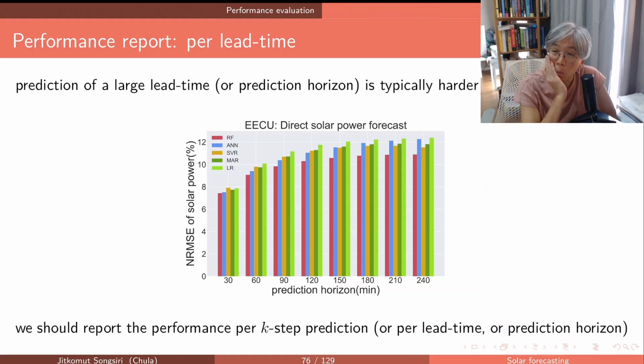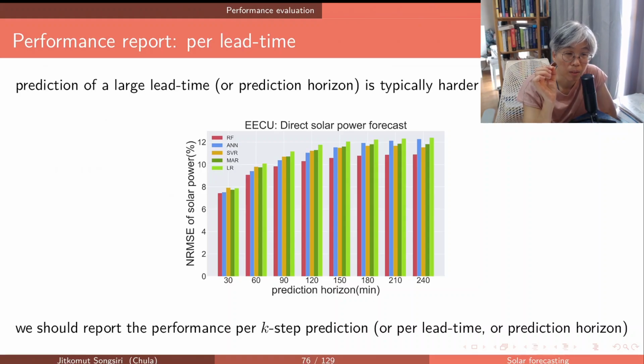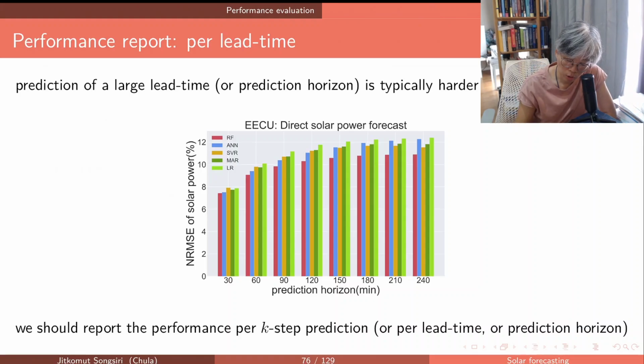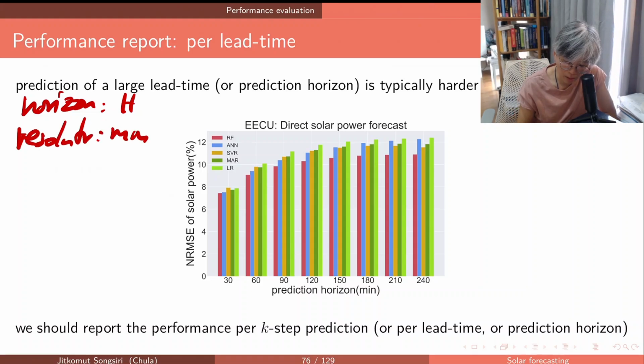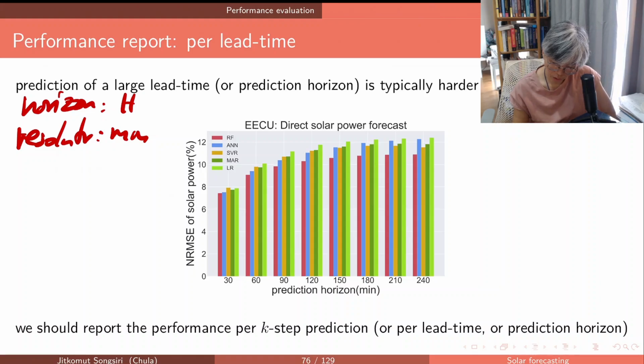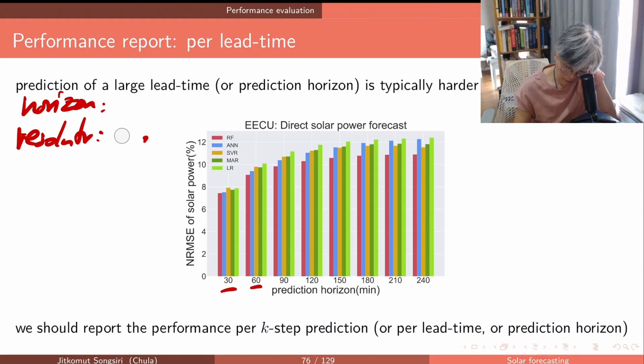Next, remember when we define the problem statement, we have to specify the horizon, h, and the resolution in minutes. Suppose in this example, in my application, my resolution is 30 minutes and my horizon is 4 hours.